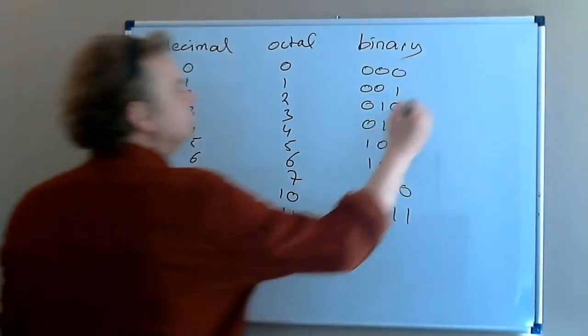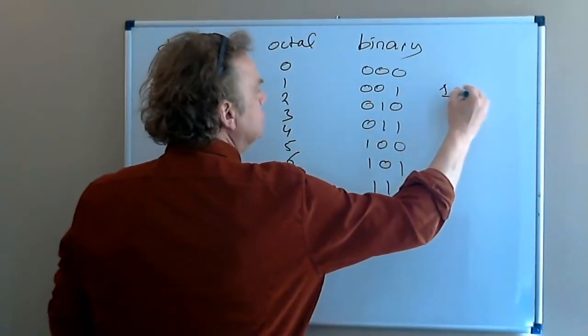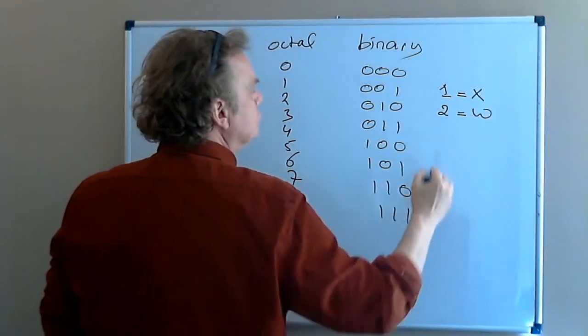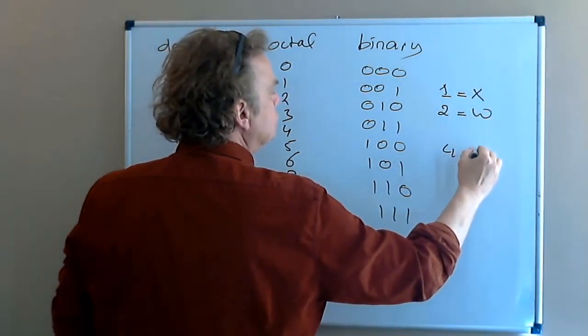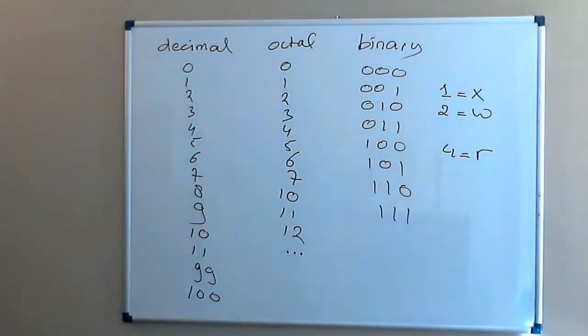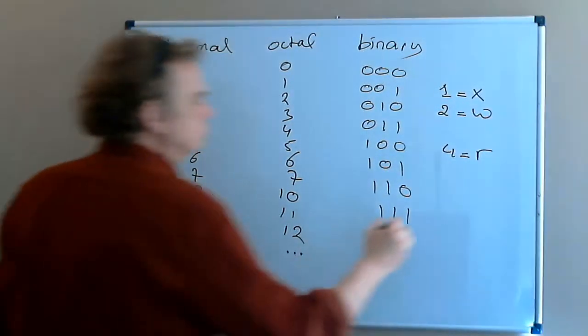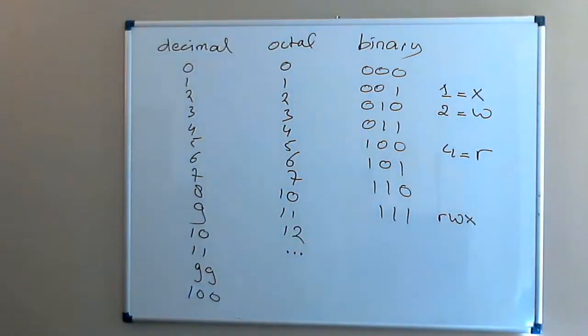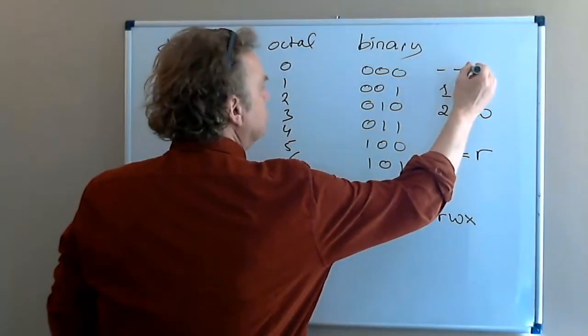Now, if we agree that 001 is the execute bit, 010 is the write bit, and 100 is the read bit, which means 1, 2, and 4, if you add up all bits, then you would have 7. So that would mean read, write, and execute. And if we want to deny all permissions, we simply can say 0.